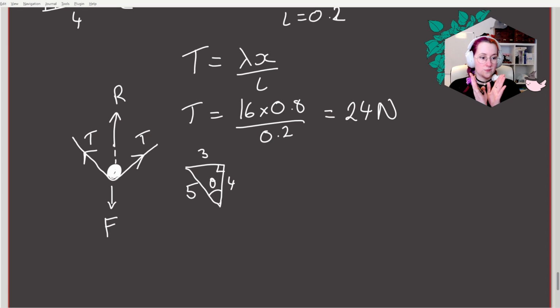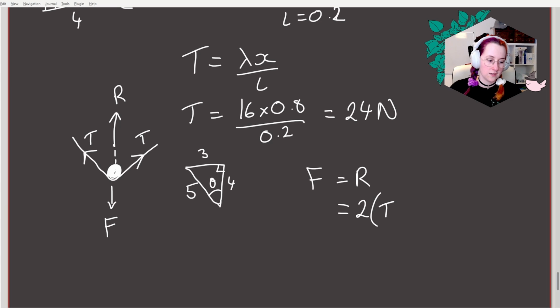Looking at this diagram, doing our resultant force, we have F equals R, because they balance, and R is 2 lots of T cos theta.